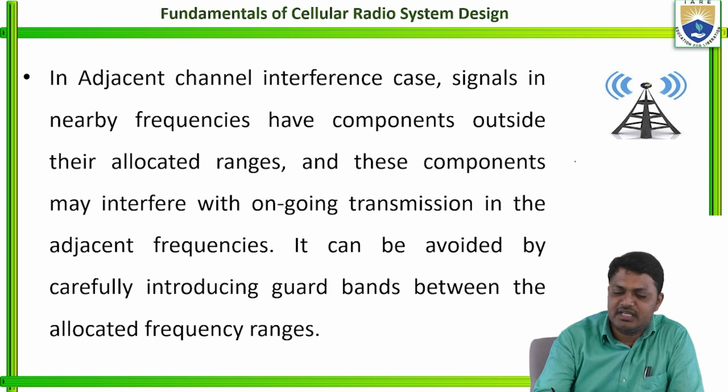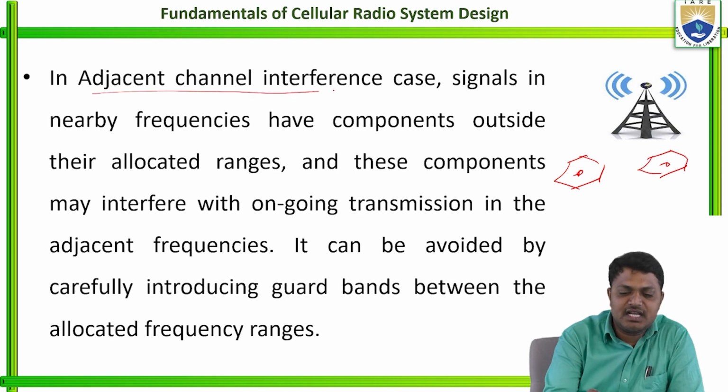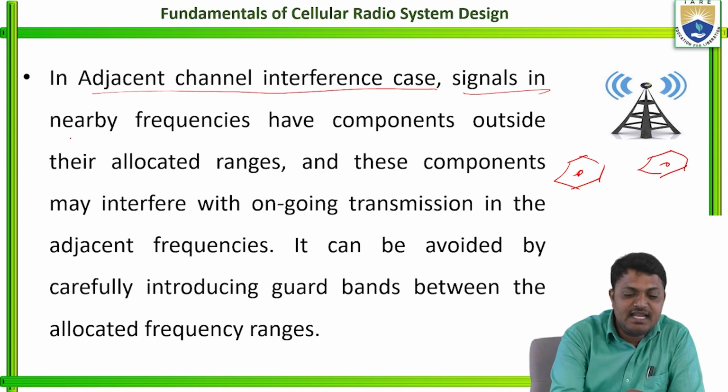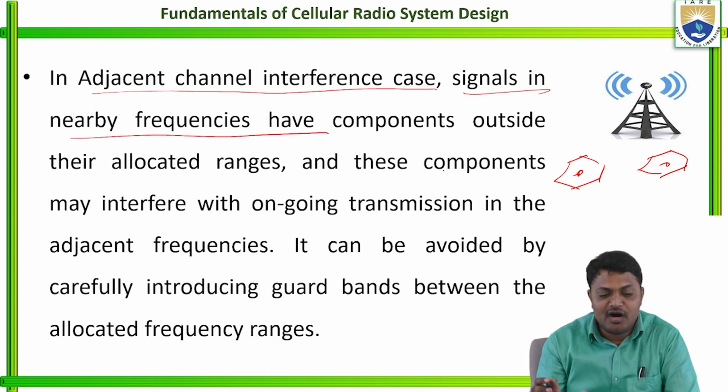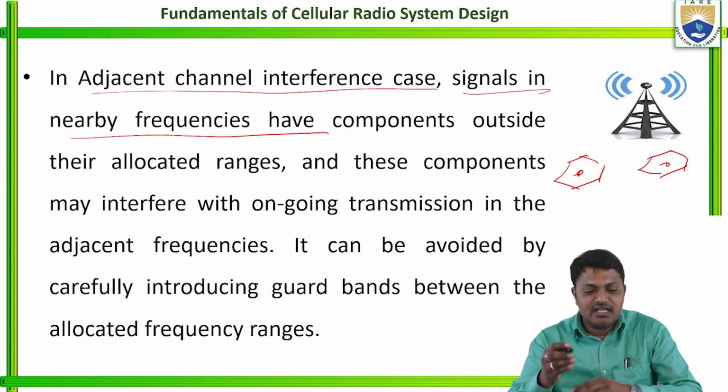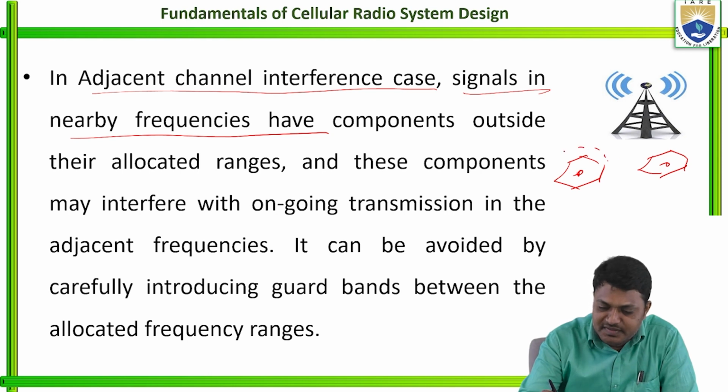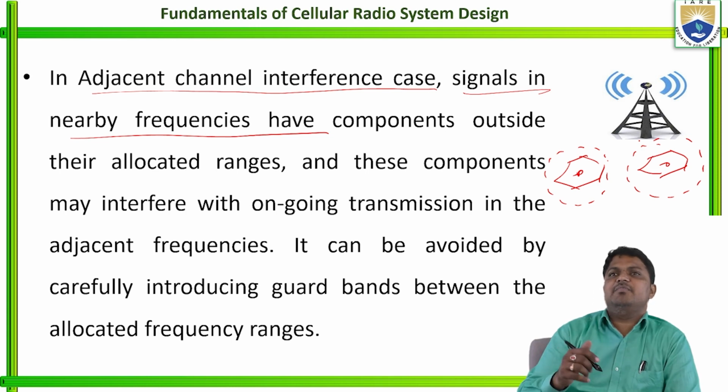Here, this is one base station and here it is another base station. For example, this is the range of this base station and this is the range of the other base station, the coverage radius or coverage area of the base station.